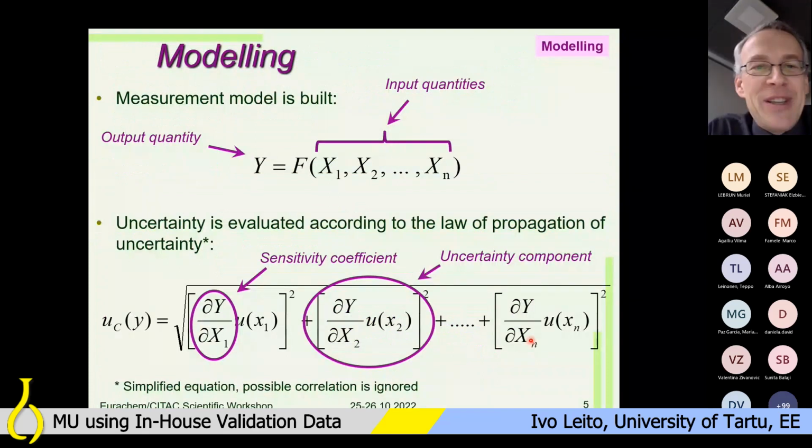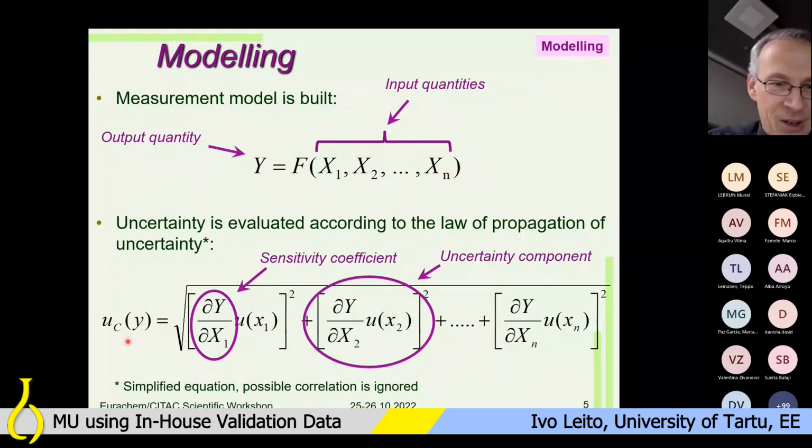Now, let us start with the modeling. So the uncertainty evaluation using the modeling approach typically works as follows. People build a measurement model where the output quantity, or measurement result, is a function of all kinds of input quantities, which are concentrations of solutions, peak areas of standard solutions, peak area of the sample solution, etc. All those different things that are measured are input quantities.